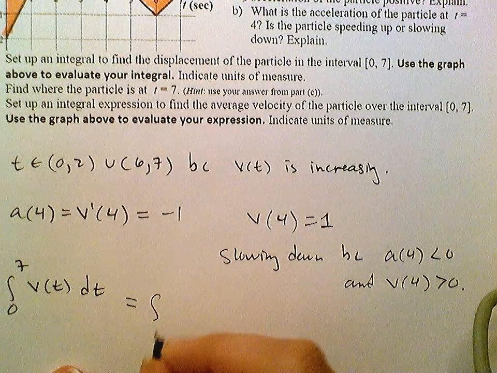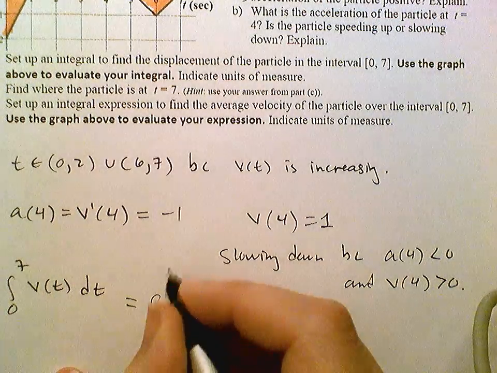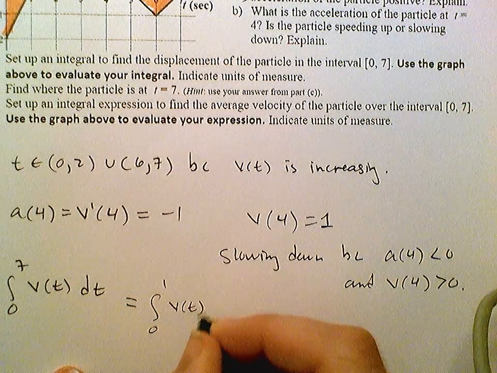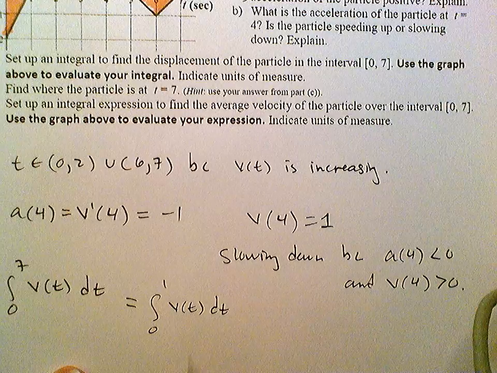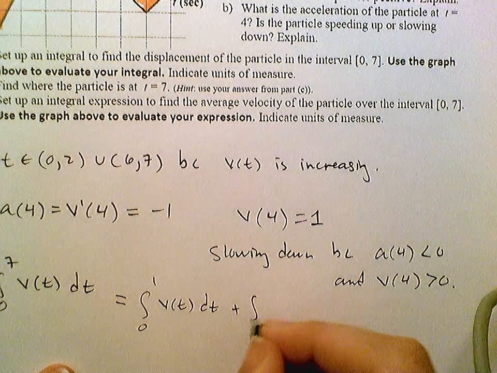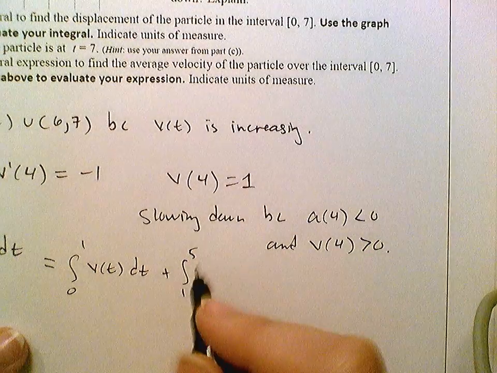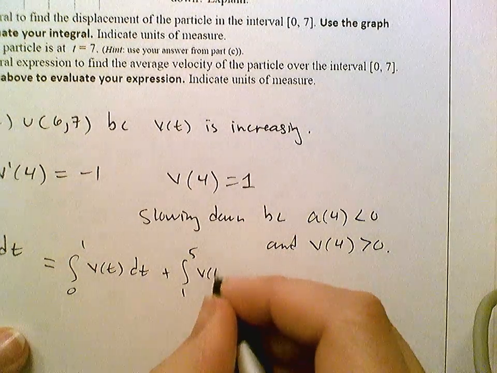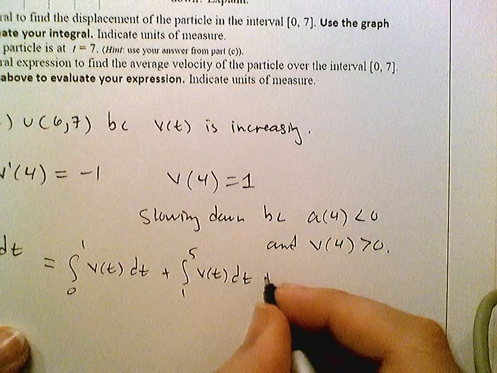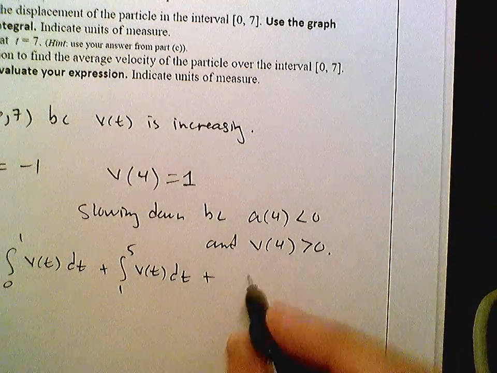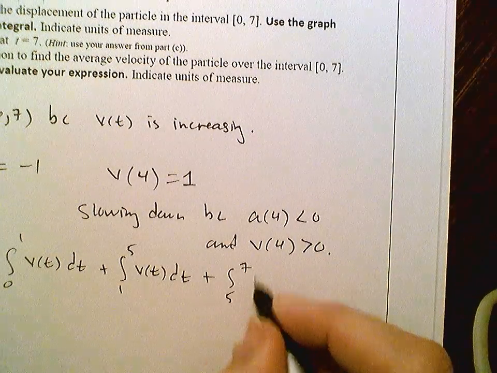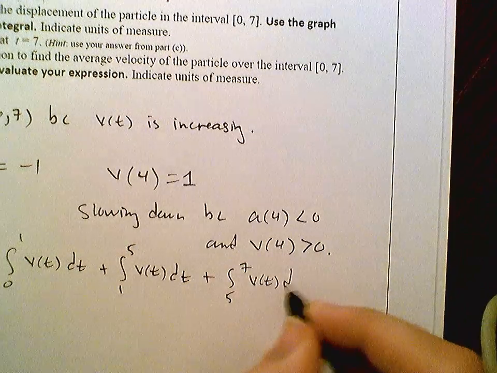So I'll do the integral from 0 to 1 under the velocity graph, plus the integral from 1 to 5. This is called additivity, the way I'm splitting this up, plus the integral from 5 to 7.